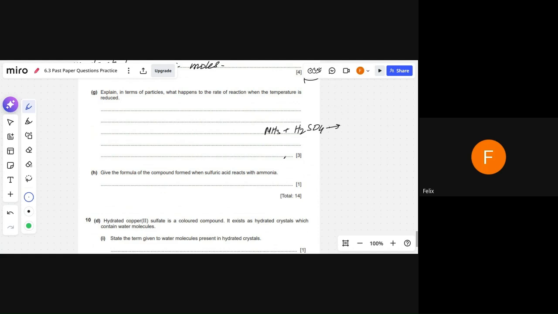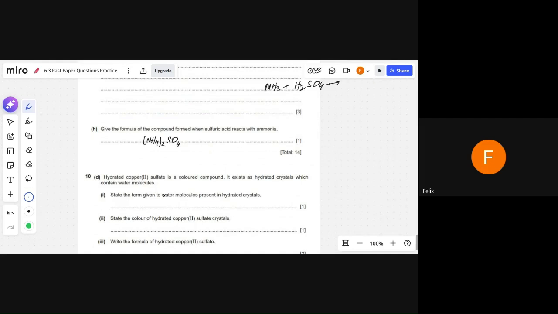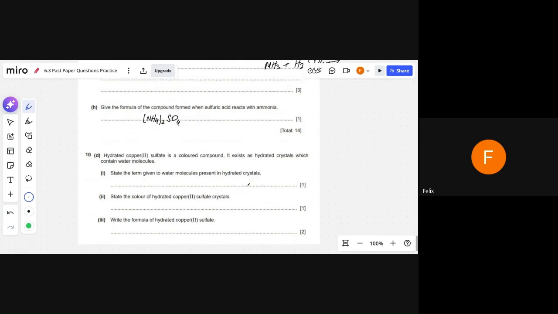So the formula of ammonium sulfate is (NH4)2SO4. I hope this is clear. Now, state the term given to water molecules present in hydrated crystals, and that is called water of crystallization.